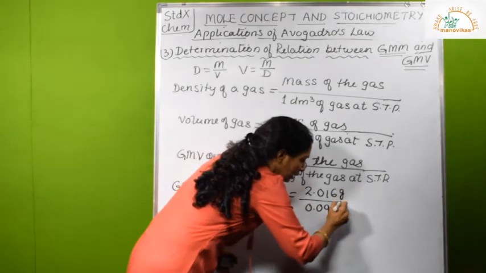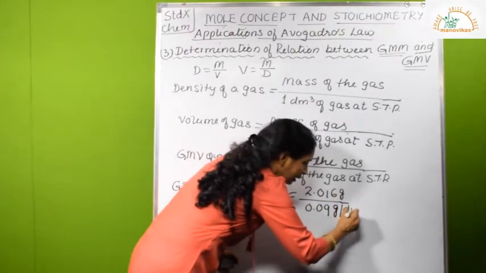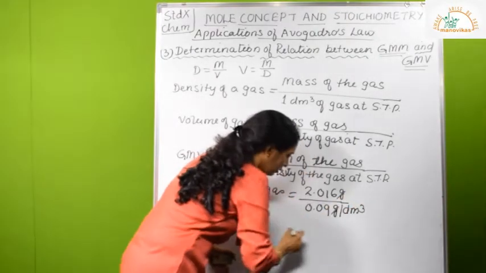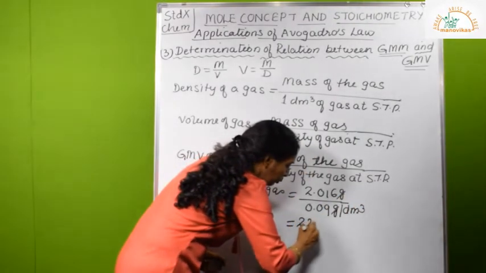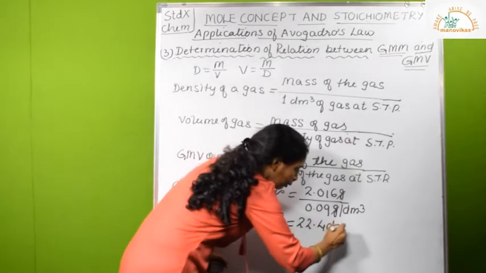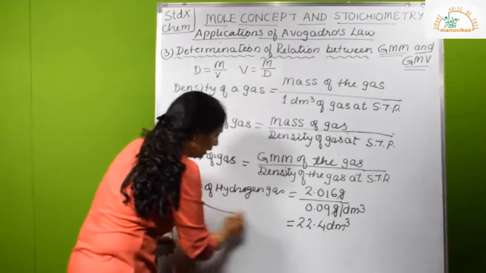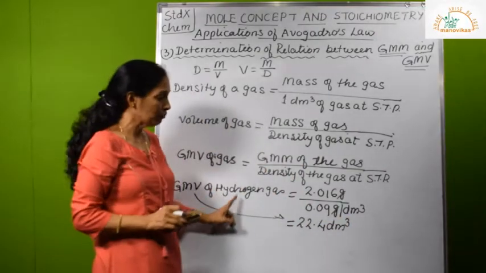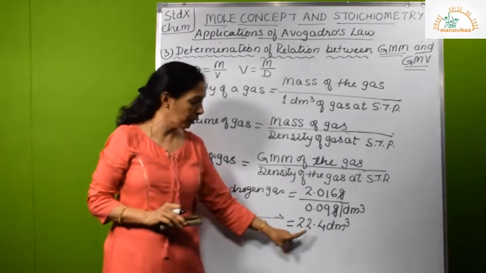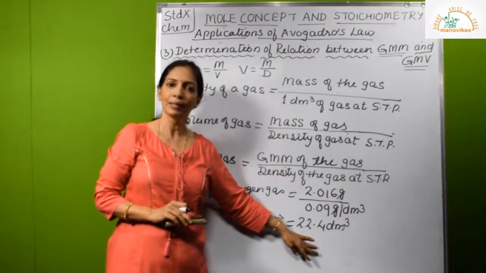This is grams, this is gram per decimeter cube. So if you solve, it comes 22.4 decimeter cube. This is GMV. So that means 1 mole of hydrogen gas will occupy this much volume at STP.